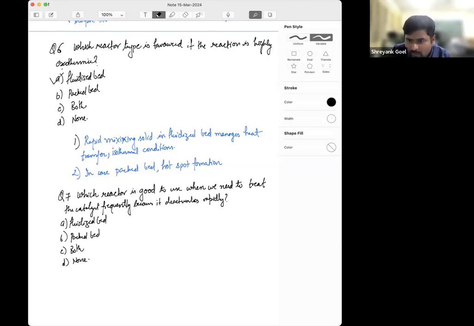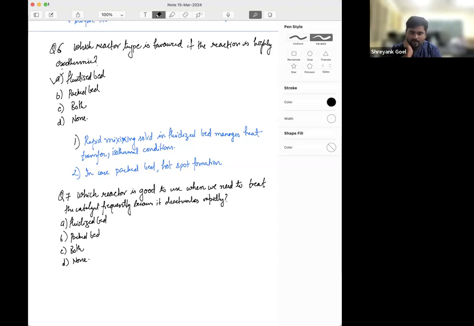Okay, so what you are saying? How can hot spots be prevented in packed bed? Let us say I require good contacting, like in the previous question. That's a good question, but basically it's a trade-off. It's the priority that you want. If your priority is that hot spots won't be there, you should use a fluidized bed.